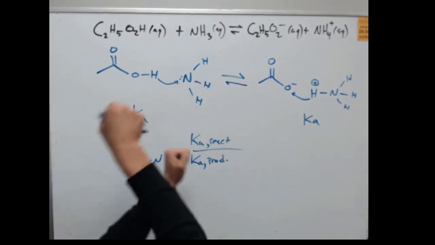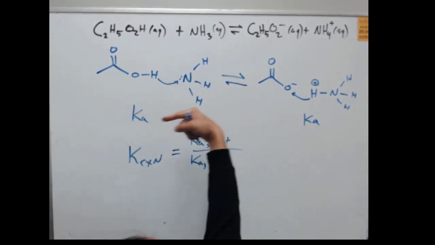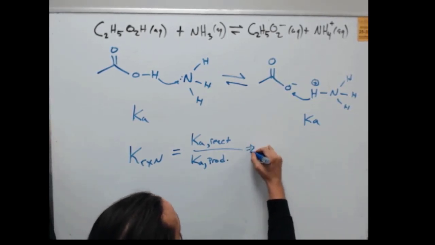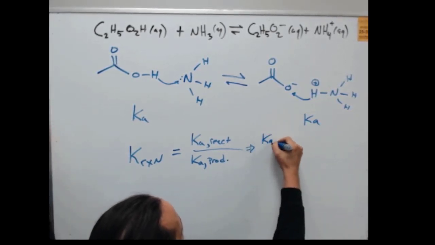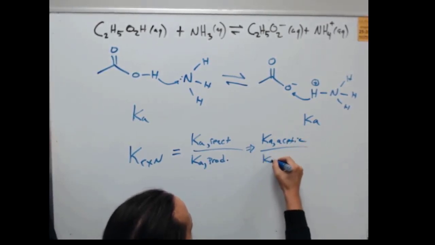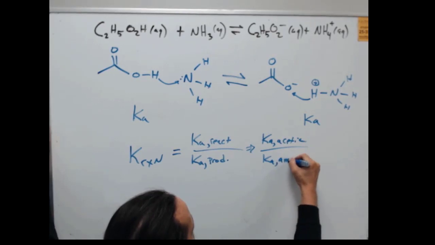And remember, if we flip a reaction going backwards instead of forwards, that gets us this flipped 1 over Ka. To make it specific to this reaction, we could write this as Ka for acetic acid divided by Ka for ammonium.